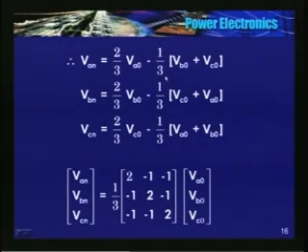Coefficients are the same. So if I write in matrix form, see VAN, VBN, VCN, so 1/3 I will take it out. I have a very simple matrix, very easy to remember. 2 minus 1 minus 1, minus 1 2 minus 1, minus 1 minus 1 2, times VAO, VBO, VCO.